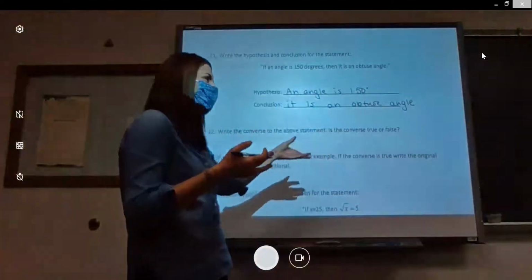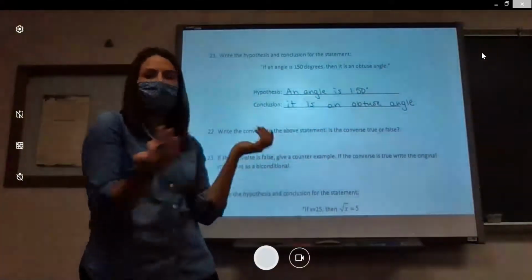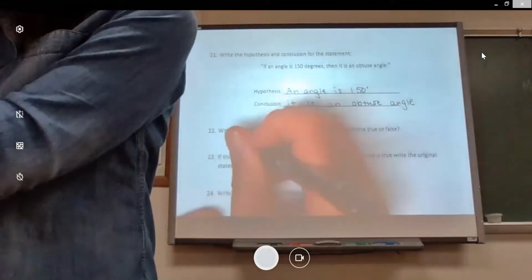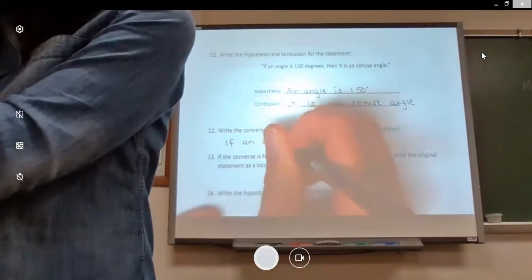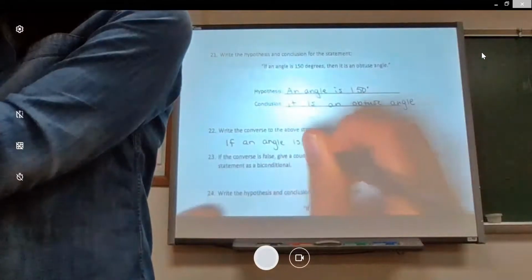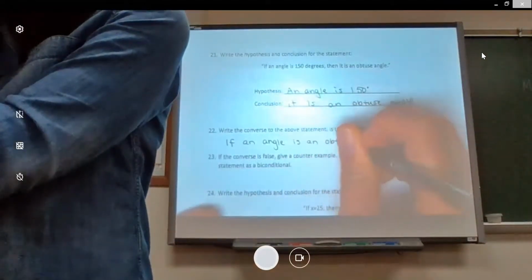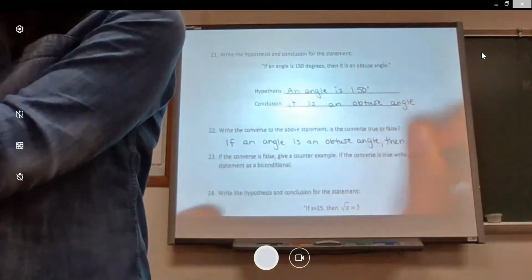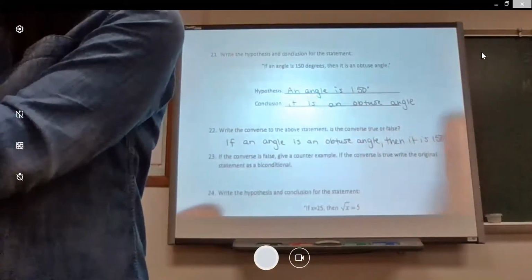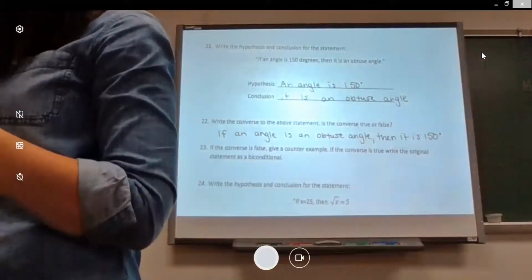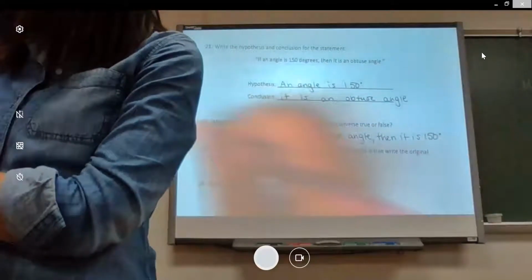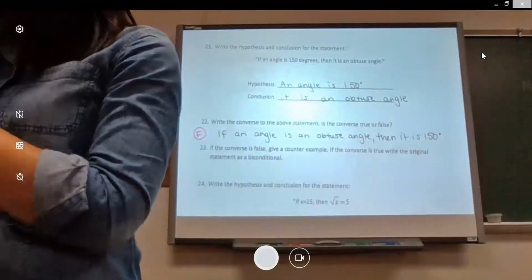I'm just wordsmithing it a little bit, but I'm still flipping the concept of hypothesis and conclusion. Is that converse true or false? False. It could be, but not necessarily 150.